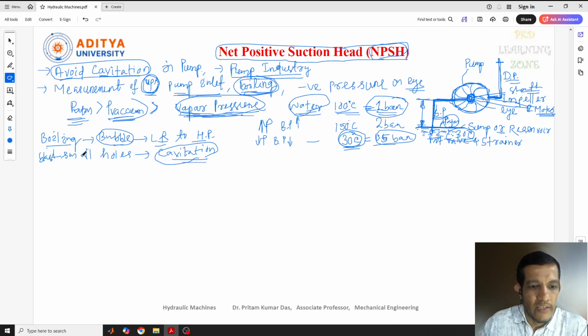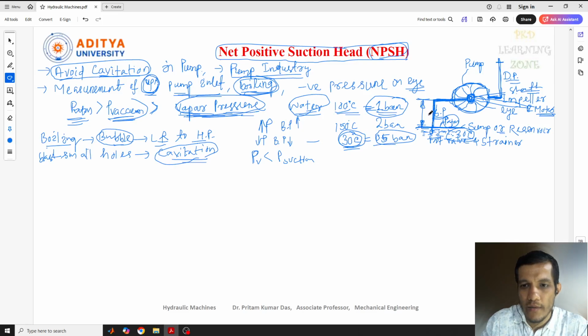So now let's find out the value of this. Let me write here. Our vapor pressure is less than the suction pressure. Suction pressure is nothing but this one, the vacuum pressure, where the water is supposed to be sucked.